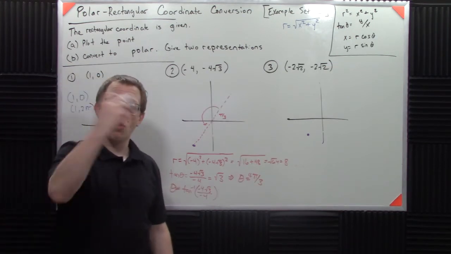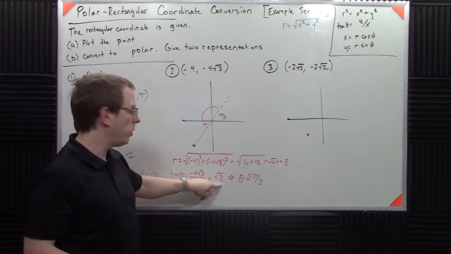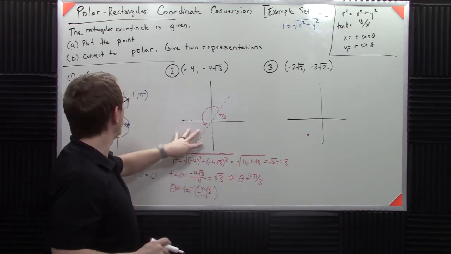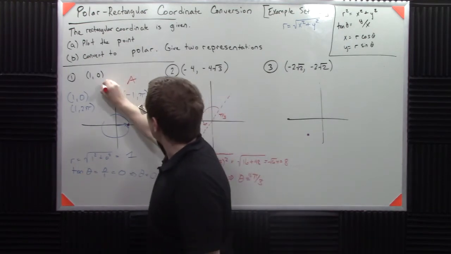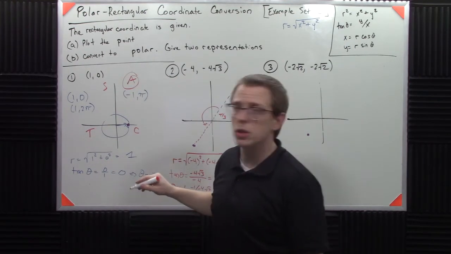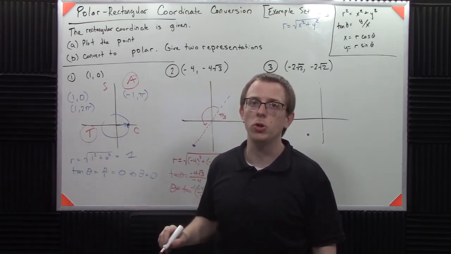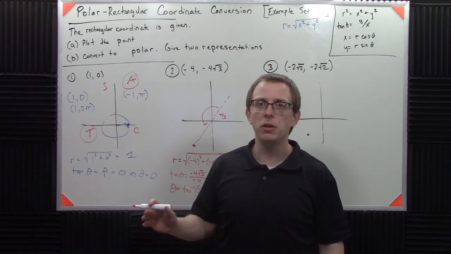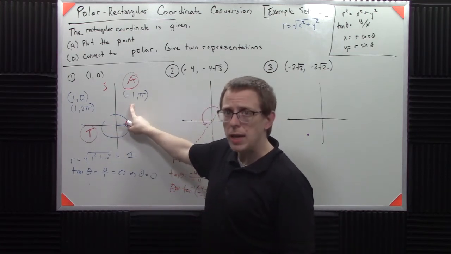So we're at 4 pi over 3, because even though the negatives cancel, we're in that quadrant. This goes back to that same thing about All Students Take Calculus. All of the trig functions are positive in this quadrant, and only the tangent is positive in that quadrant. But if tangent's positive, you don't necessarily know which of the two quadrants you're in.